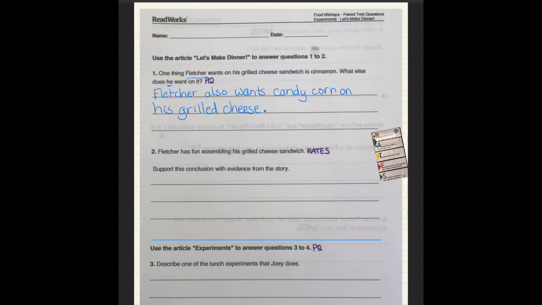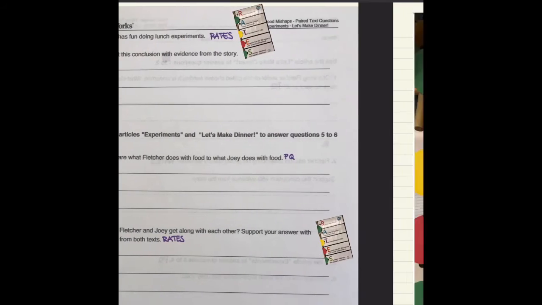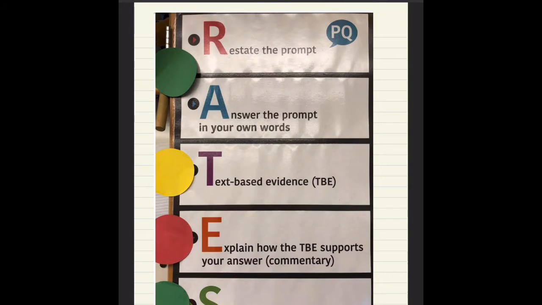Number two is asking for a RATES response. So Mr. Peterson was really nice and included a poster here of what RATES is. I know that's kind of hard to see, but he also, if you're watching this video, made this page for us of the posters that we have in our classroom.